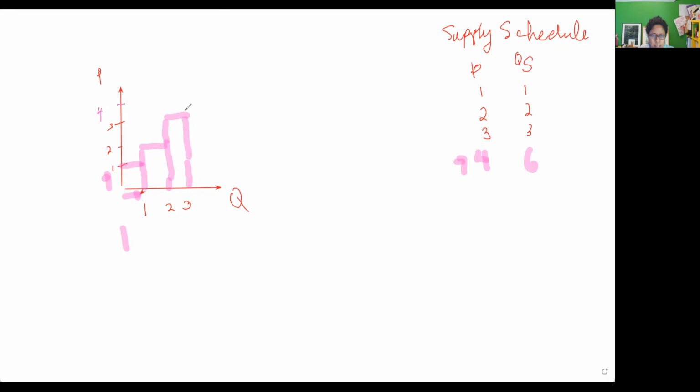What does that say? The cost of each additional unit, 4, 5, 6. For the 5th unit and the 6th unit. So what's the cost?